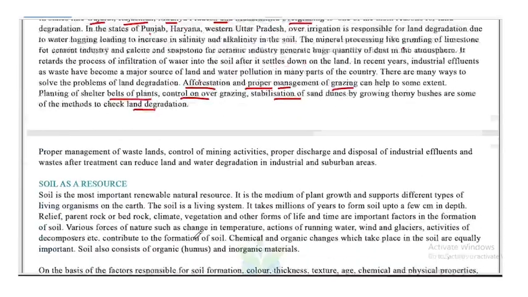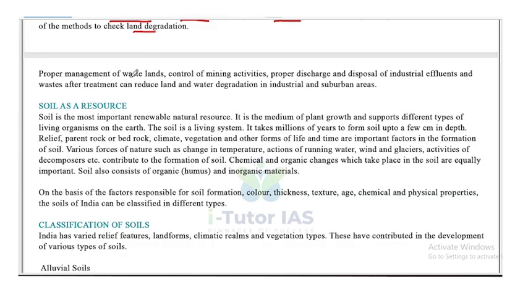Now, proper management of wastelands, control of mining activities, and proper discharge and disposal of industrial effluents and waste after treatment can reduce the land and water degradation in industrial and suburban areas. So these are the important things to do to conserve the land or to stop the land degradation.